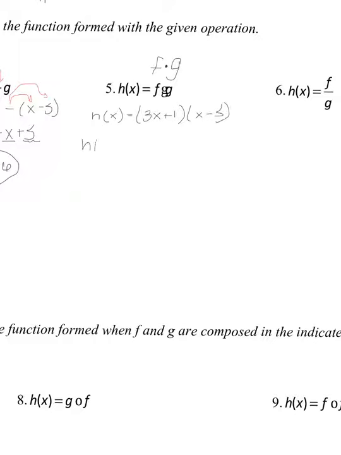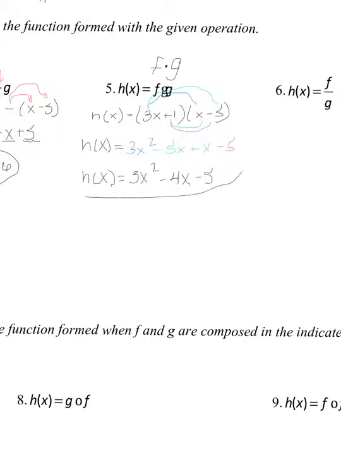So here h of x equals 3x times x is 3x squared. 3x times negative 5 is negative 5x, 1 times x is x, and 1 times negative 5 is negative 5. And when we combine like terms, we get h of x equals 3x squared minus 4x minus 5. And that's our answer there.